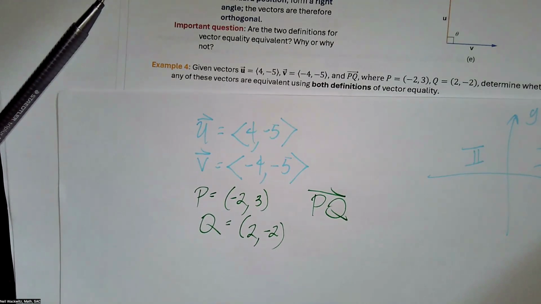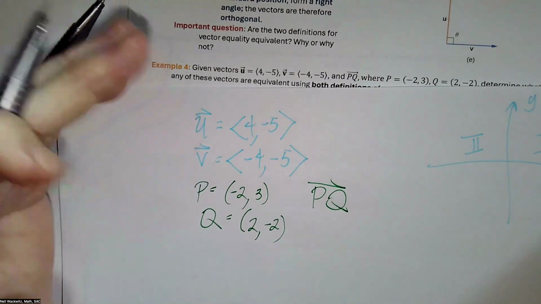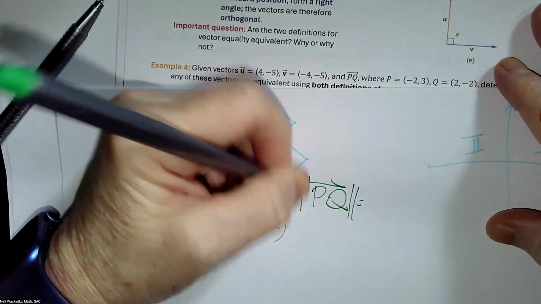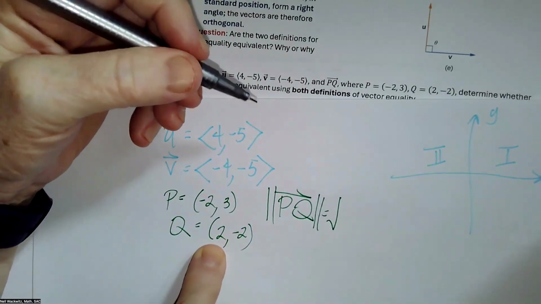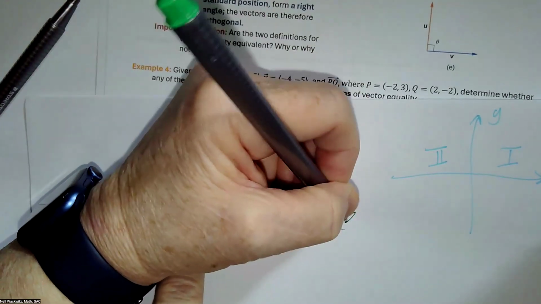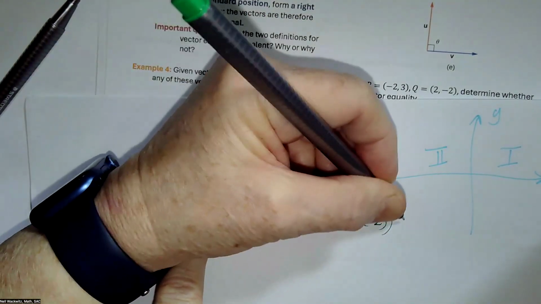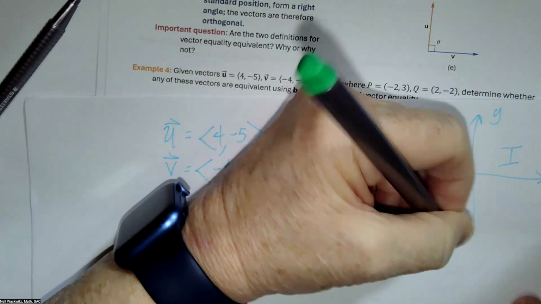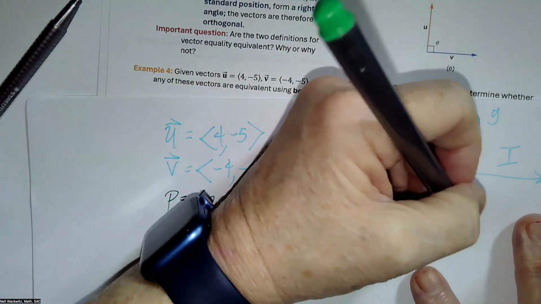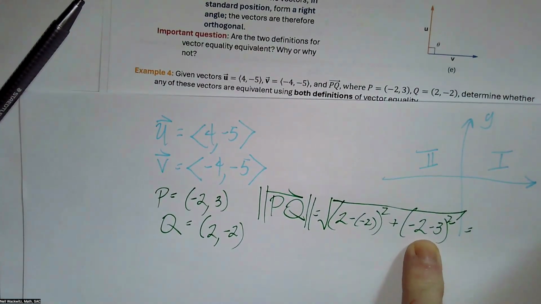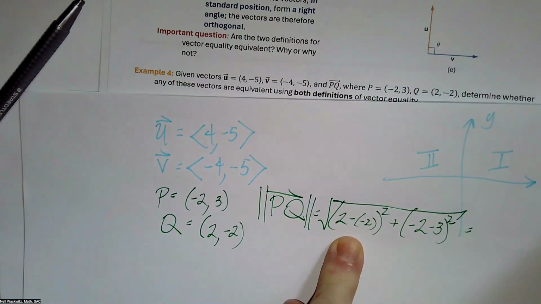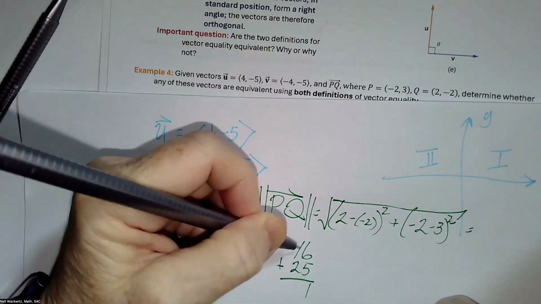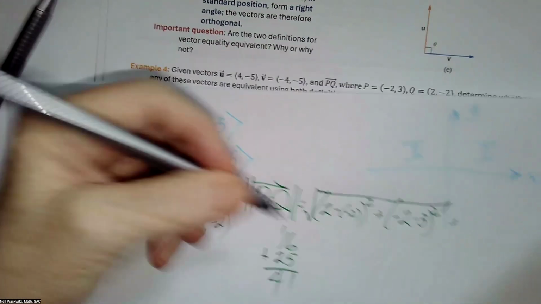So let's find some magnitudes. For PQ, I've got 2 minus -2 squared and -2 minus 3 squared. 5 squared is 25, 4 squared is 16, so the square root of 41.